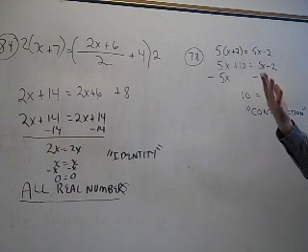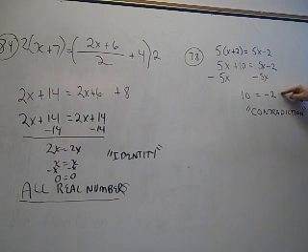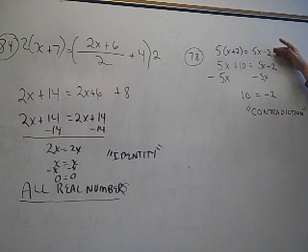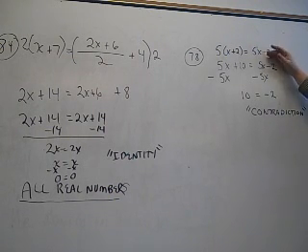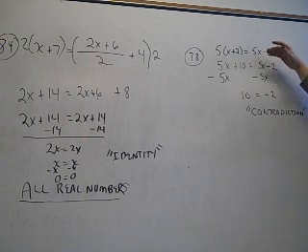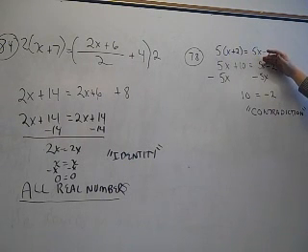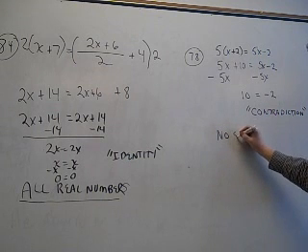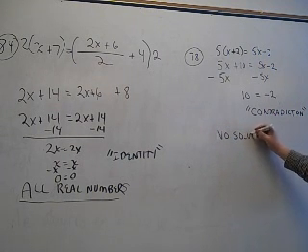No. This is a statement that's never going to be true. It is equivalent to this top statement. This top statement is never going to be true no matter what x you put into it. This is a sign that there is no solution.